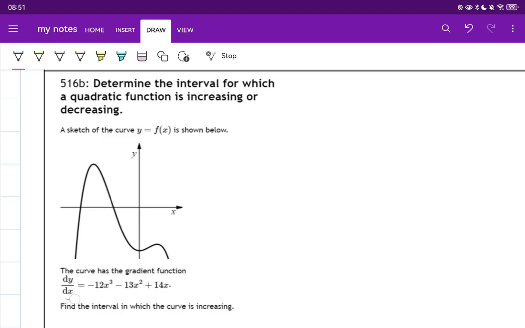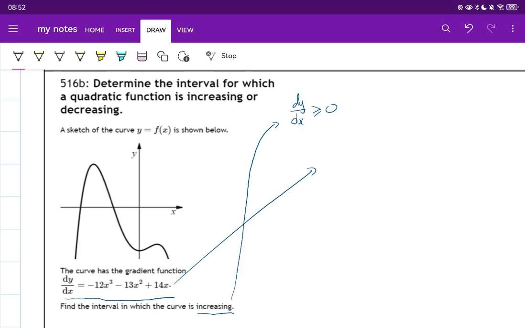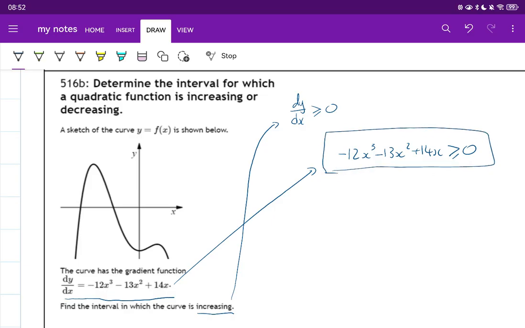So this time they gave us a gradient function. We're going to find out when it's increasing. So remember, increasing means that, so we want that to be increasing. Now, you can solve that on your calculator.